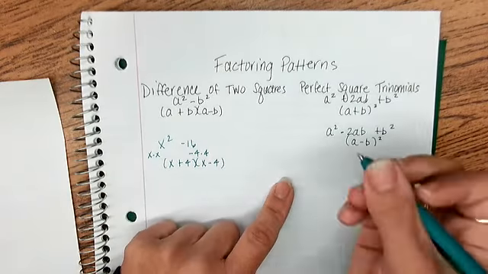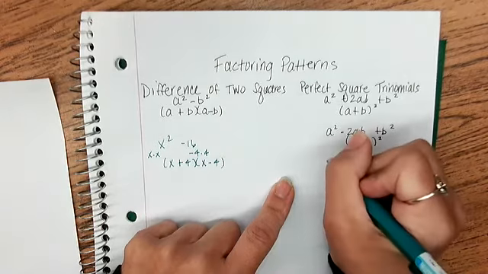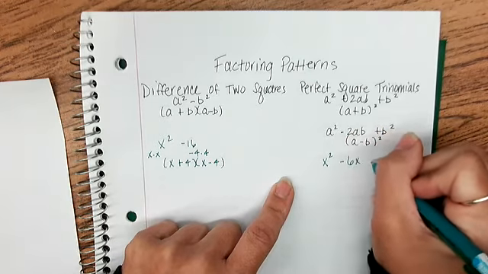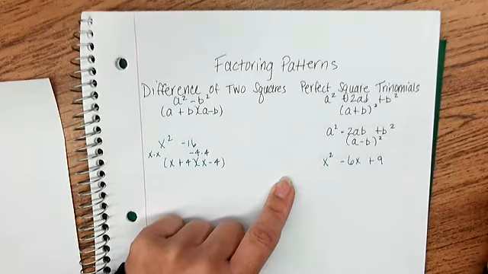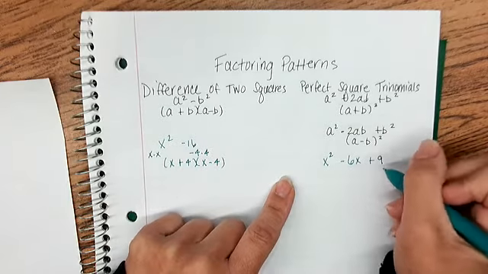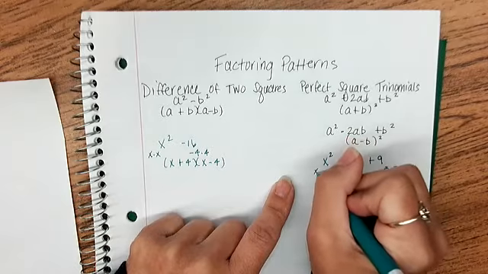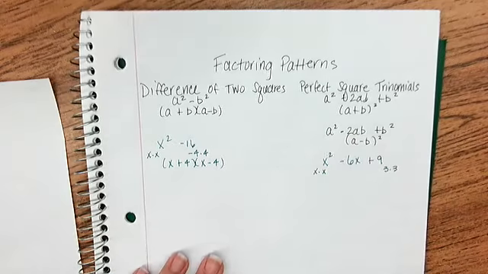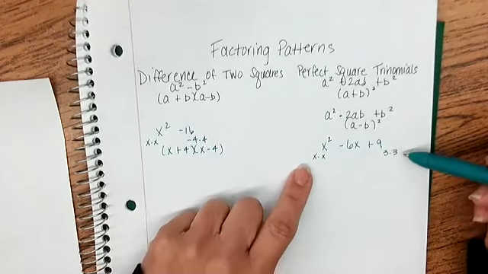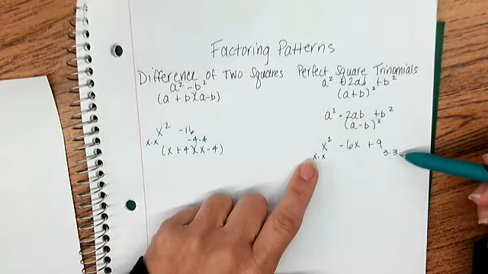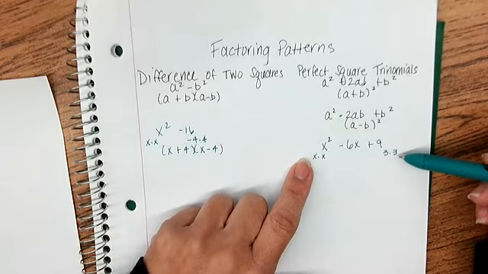A perfect square trinomial, something like x squared minus 6x plus 9. 9 is 3 times 3. x squared is x times x. Notice that when you multiply x times 3, you get 3x.